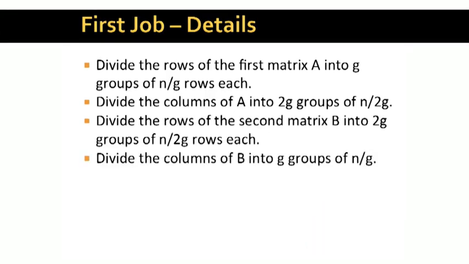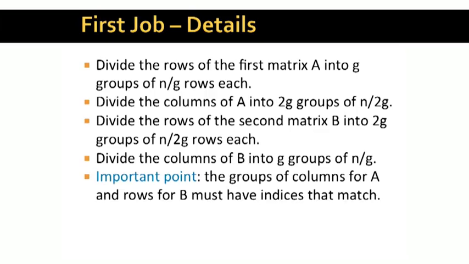We'll do something similar but slightly different for the second matrix B. Here the rectangles consist of N over 2G rows and N over G columns of B, like the yellow rectangle on the previous slide. That is, B's rows are divided into 2G groups, and its columns are divided into G groups. We don't have to constrain which rows or columns go into which groups, with one exception.